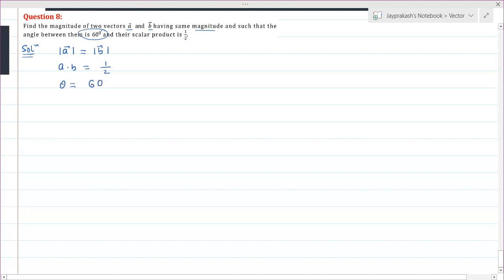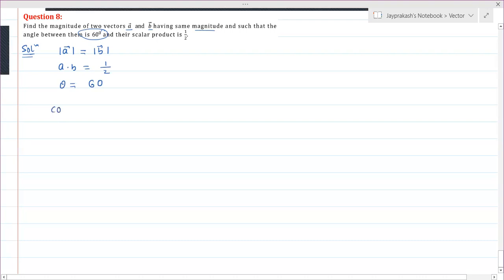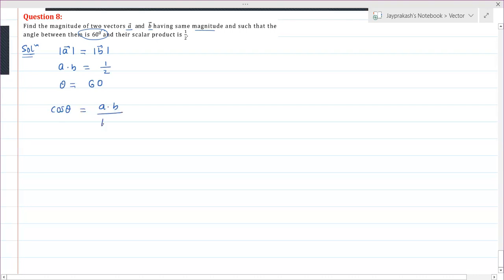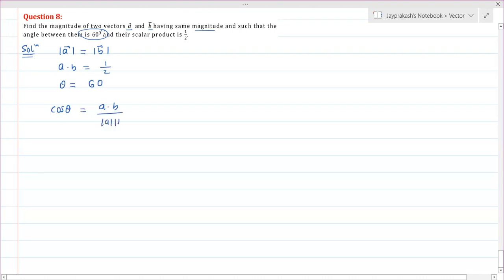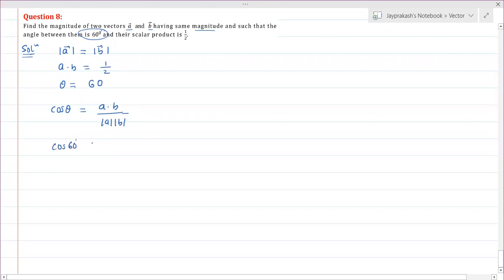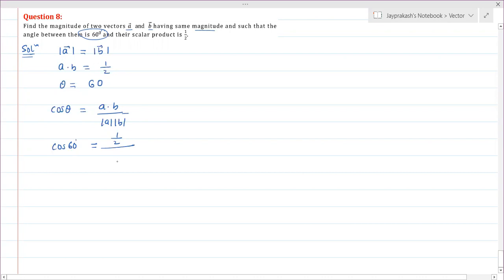So whenever the dot product and theta are involved, we have to use cos theta equals A dot B over magnitude of A and magnitude of B. Now we have cos theta at 60 degrees, A dot B is half, and the magnitudes of A and B are equal.